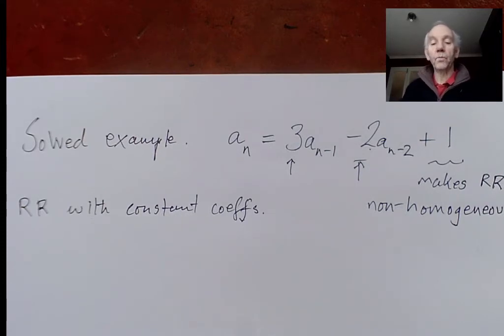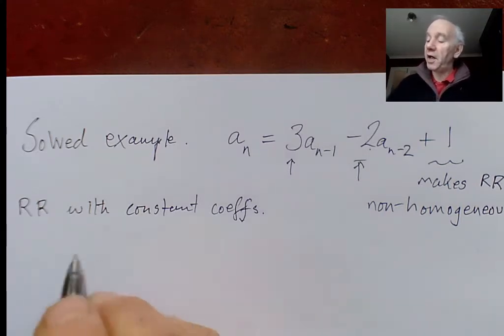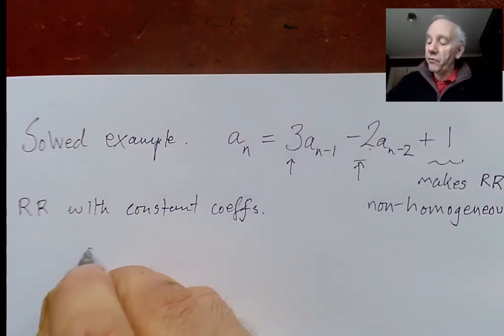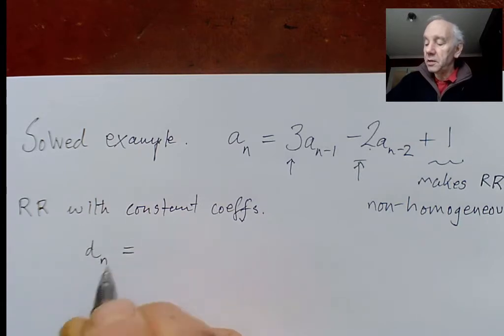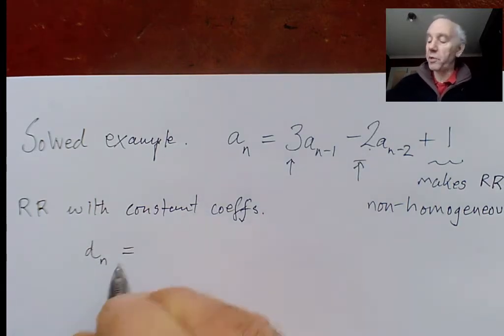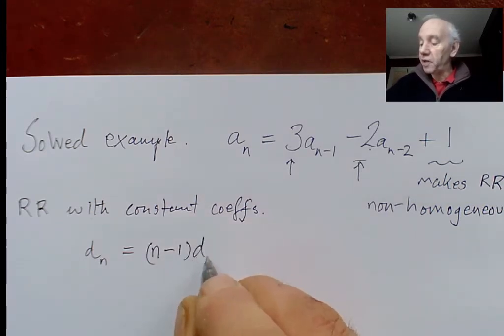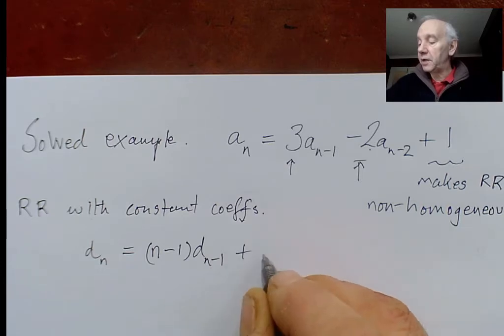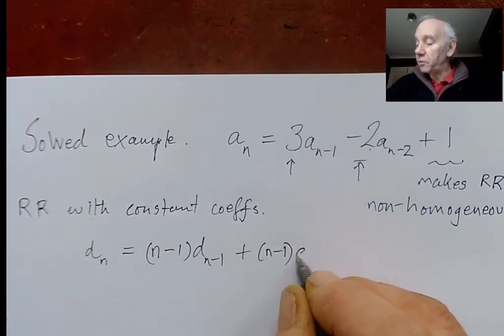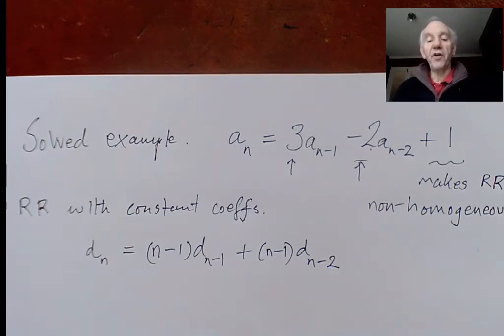So here's another recurrence relation which crops up in section 2.5, I think. d_n, which stands for the number of derangements, which are special types of permutations, is equal to (n-1) times d_{n-1} plus (n-1) times d_{n-2}.